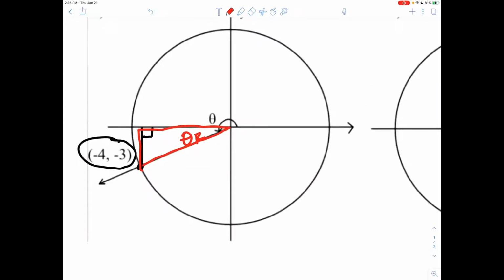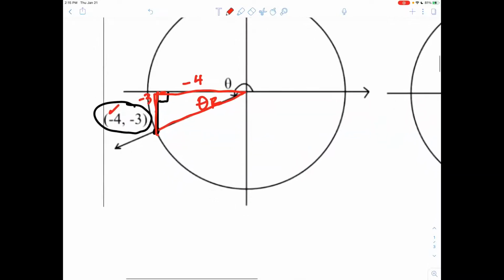So we have some measures here. We've created our right triangle, and this is negative 4. Let's try that again. That's negative 4. And then this measure here is negative 3. Okay, so we're going to use theta's reference angle here to find the 6 trig functions of this triangle. So I'm just going to extract it here.